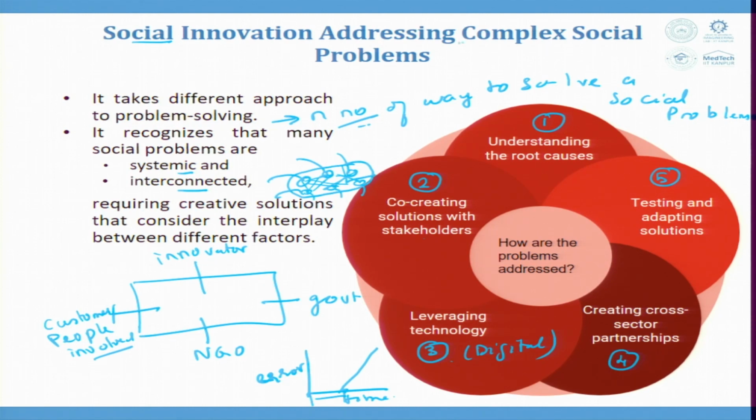Social innovation addresses complex social problems. You have to first understand the problem, and no problem is like a simple math equation that you can go solve and come back. It is involved, it has a lot of dedication in developing it.